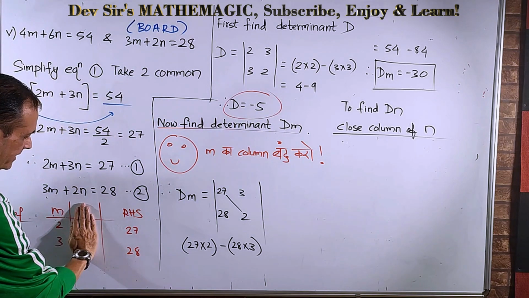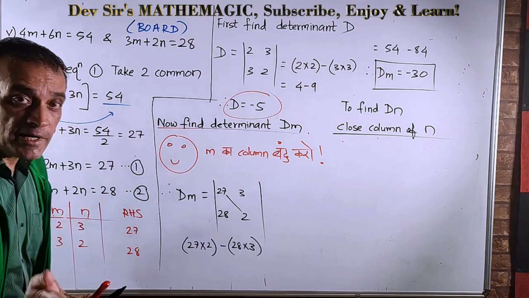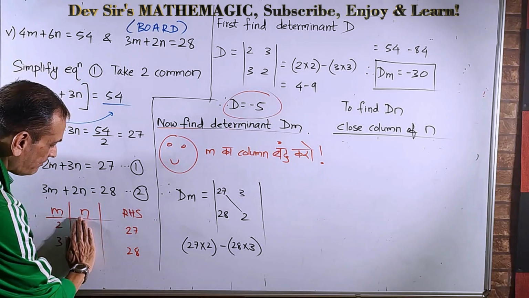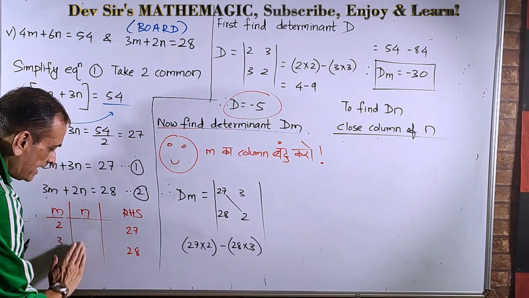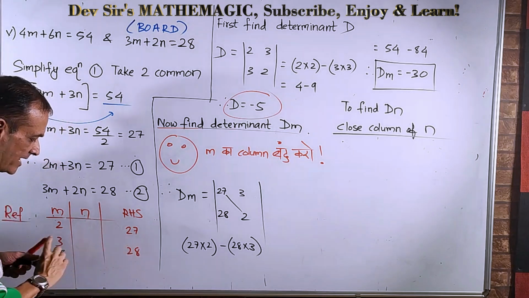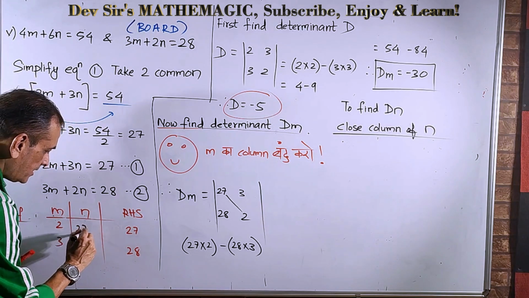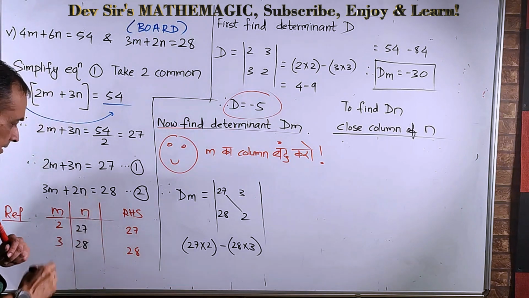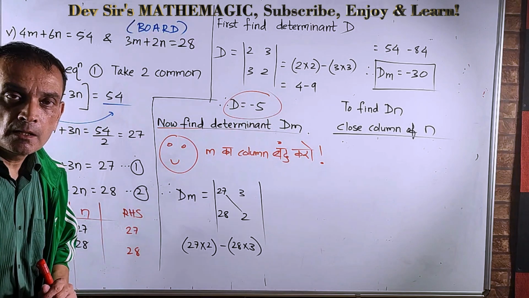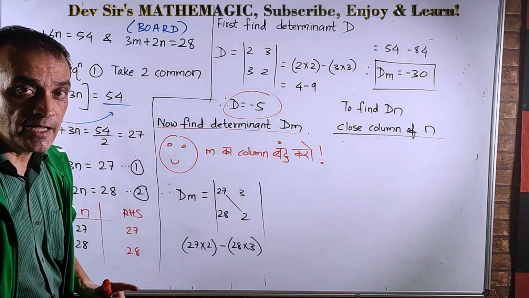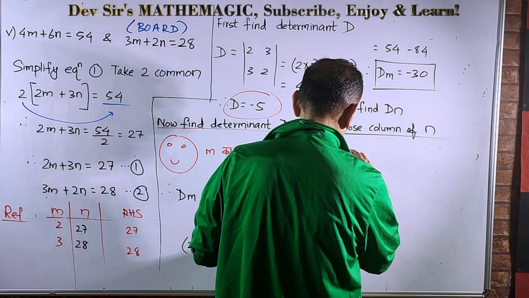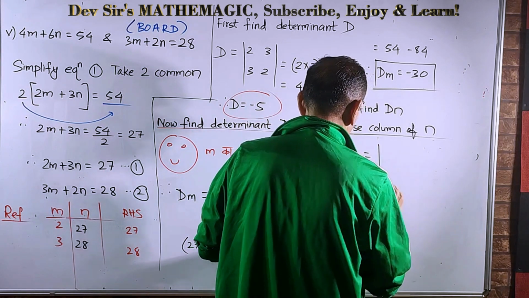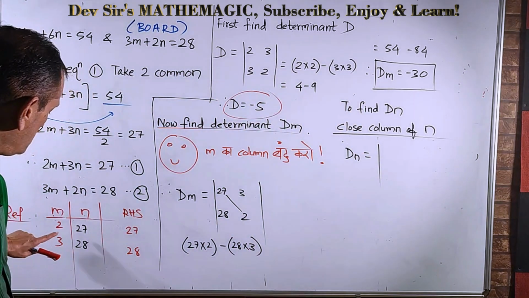Close the column of n and replace by RHS. So we closed the column of n, replaced it, RHS comes here, 27 28. That is our determinant. Here there is no y, no Dy, it is Dn. So let us find Dn. Take from our reference 2 3.